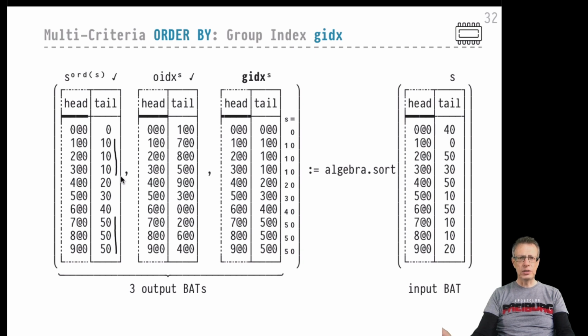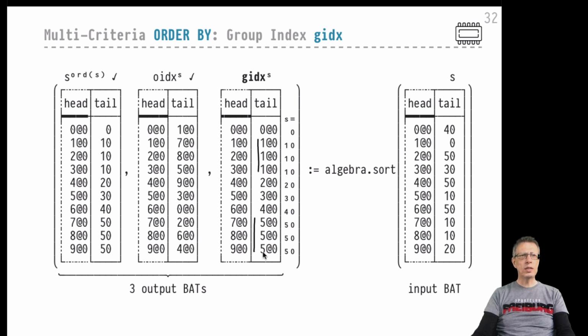So another criterion has to decide, the A criterion in our sample query has to decide about the final overall ordering. These repeating groups are encoded in this group index, the third output of the algebra.sort. As you can see, this repeating group of 10s is represented by these OIDs 1 that are repeating here. The repeating group of 50s is represented by this repeating group of 5 OIDs here. So this is a representation of the repeating groups inside the ordered output.